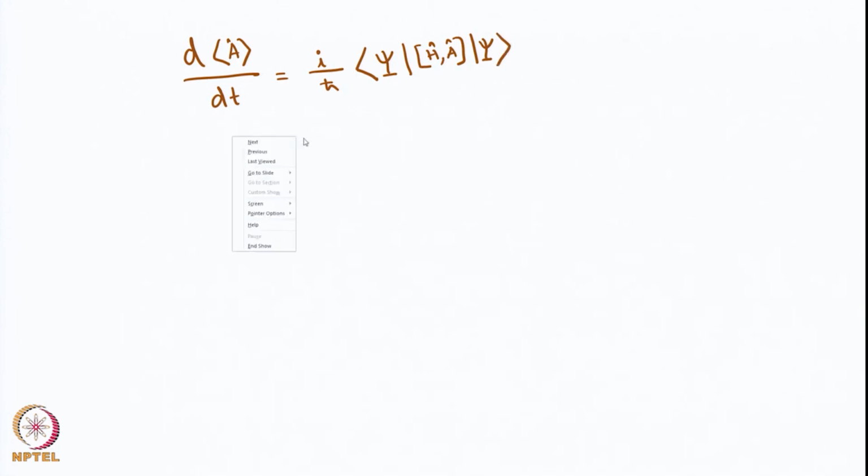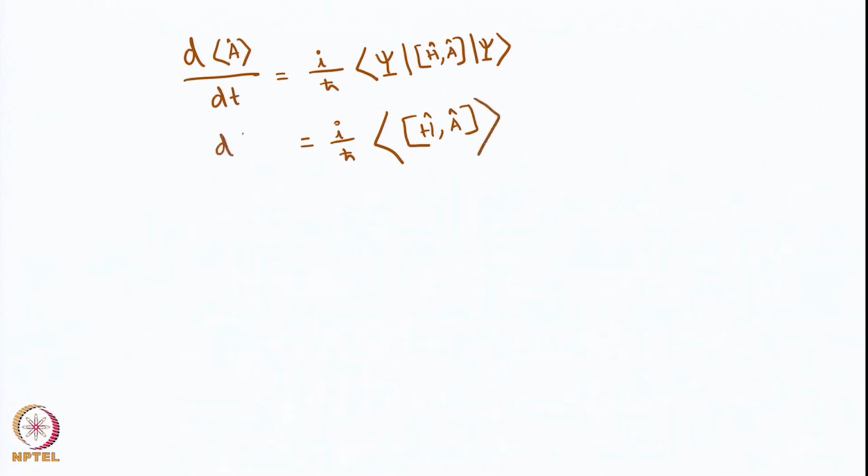So this, in short, can be written as i/ħ times the average value of the commutator [H, A].